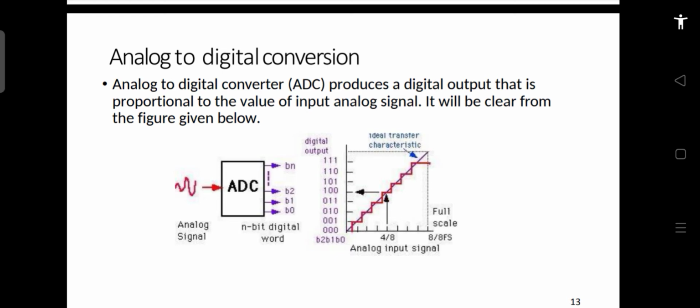So we will have to make a trade-off. We cannot increase the number of bits very much, because the number of gates required to design this will also be more. So we cannot make it infinite; we have to make a trade-off.